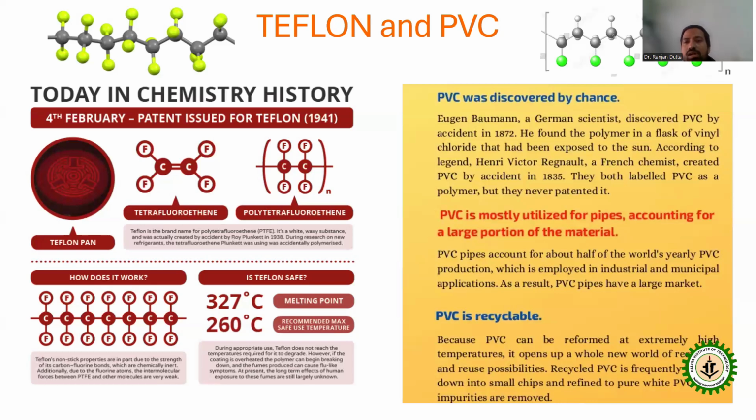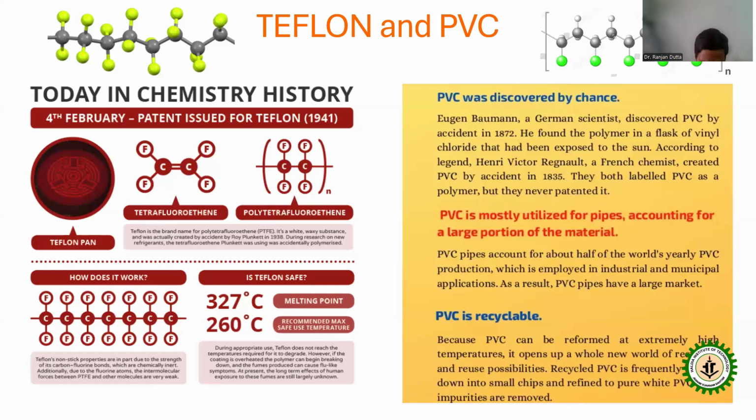It was also discovered accidentally by the German scientist Eugen Baumann when he was working with vinyl chloride. As per information, PVC is the world's third most widely produced synthetic polymer, and, as all of us are aware, PVC is used for construction of pipes, doors, and windows.